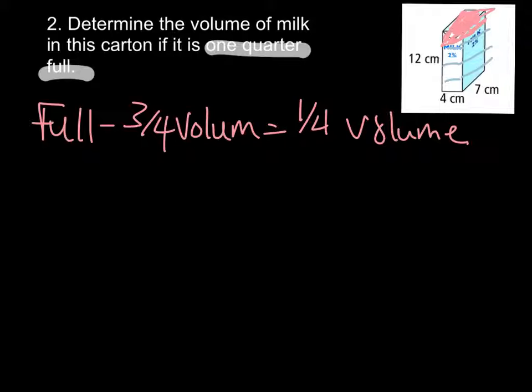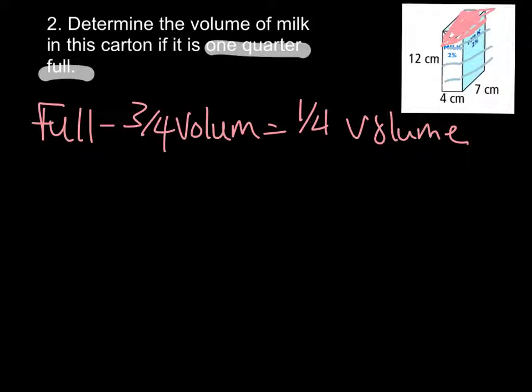Because a quarter plus 3/4, right? So 1, 2, 3, 4 quarters is a full carton. So if we subtracted 3/4 volume from the full, that'll give us the 1/4 volume.